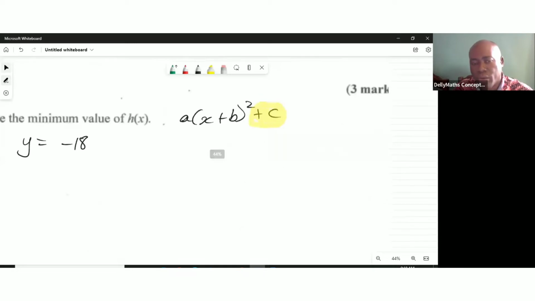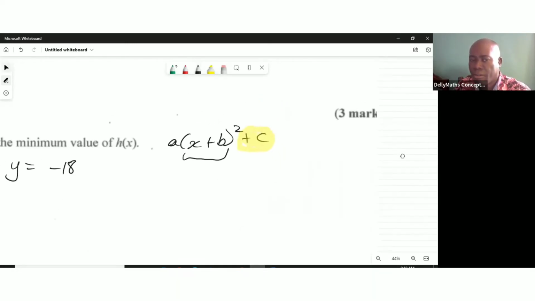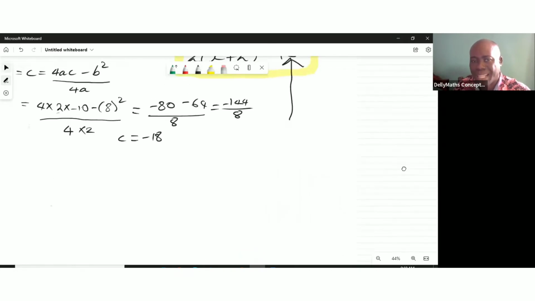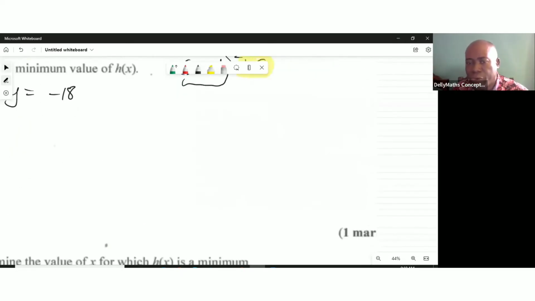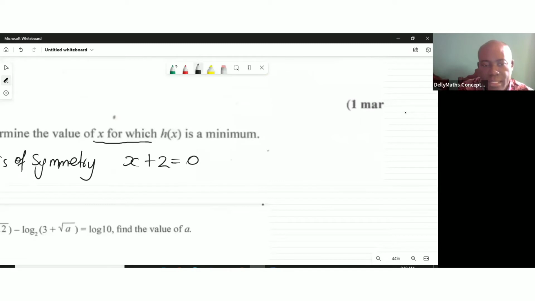So we could take out this, equate it to 0 and solve for x, which is going to give us our axis of symmetry. So we could see that it is x plus 2. So that's what we're going to take out, equate it to 0 and then solve. So in this case, taking 2 from both sides, x is equal to negative 2. So this is the x value where h of x is at minimum.